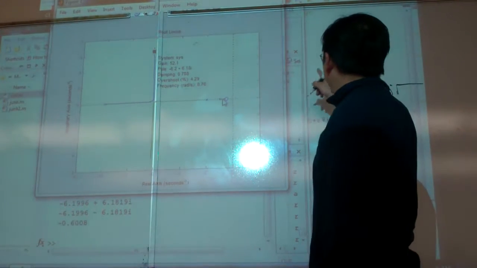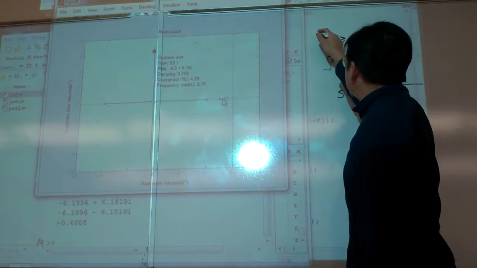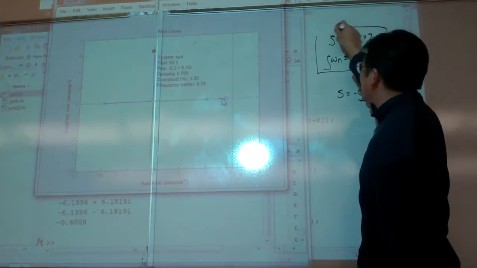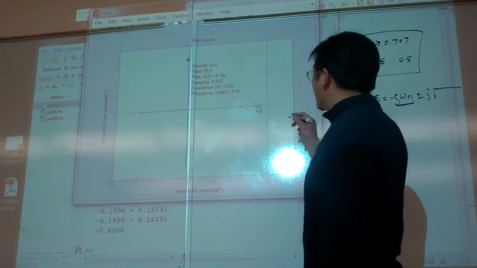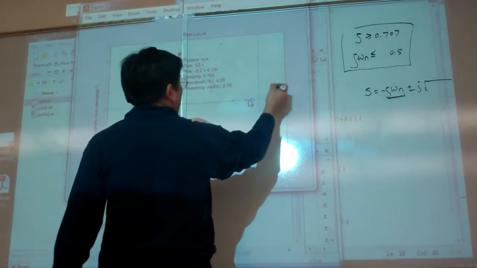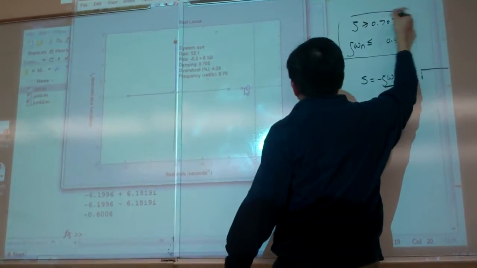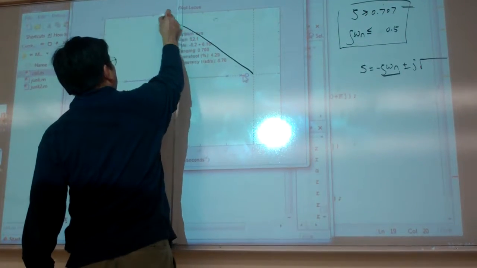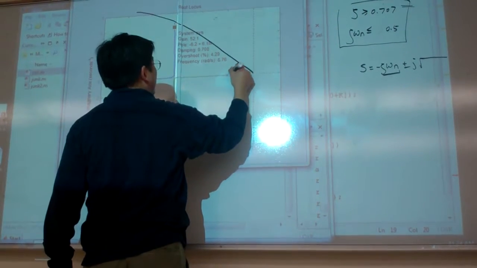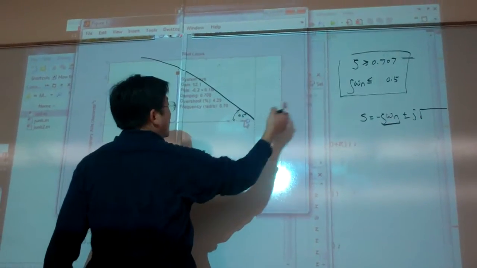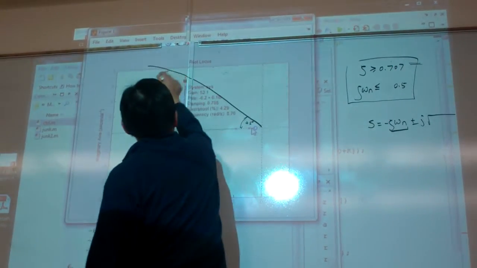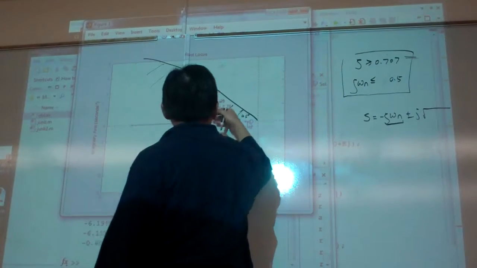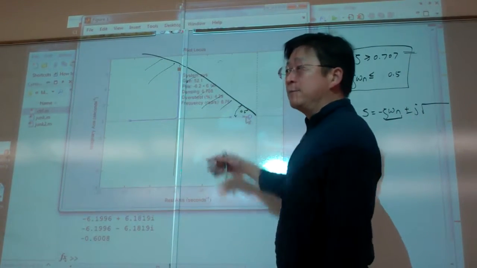So here I'm going to show you, if we have this range from the design specification, then the desired range is here. This one corresponds to 45 degrees. So let me put the 45 degrees in a good way. Okay, so this is 45 degrees, and this one is greater than this one, so that is in this range, and symmetric up and down.